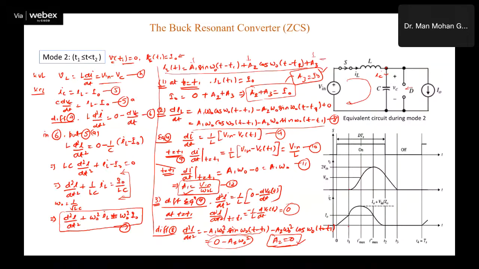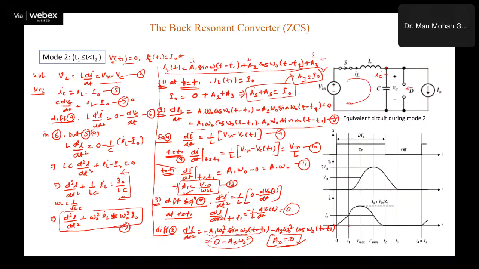Now, what is the behavior of this equation? We will try to analyze that. If we know the IL, then we can get VC. How to get VC? Anyone can tell? From this equation, L dI by dt we can have, then we can have VC equal to Vin minus L dI by dt.